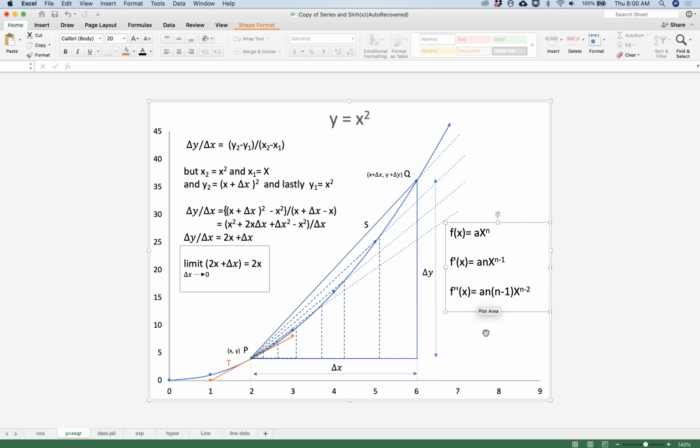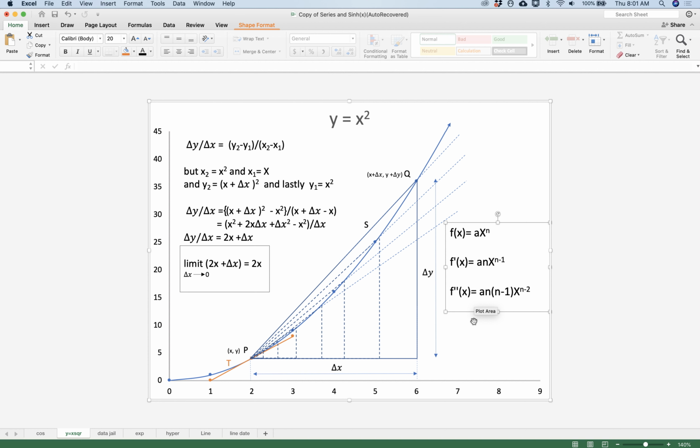So I hope this has been a little helpful to understand how we derived a derivative for a function and a generalization of the rule for polynomials that we find by applying this approach over and over again to different polynomial functions. We find that we have this generalization, and that's what's used.